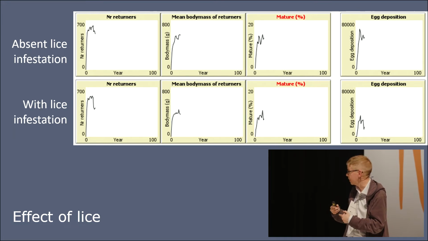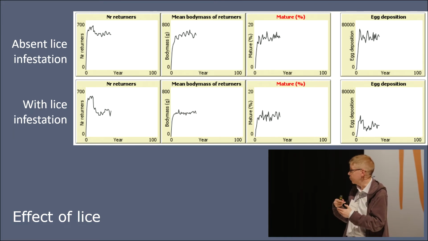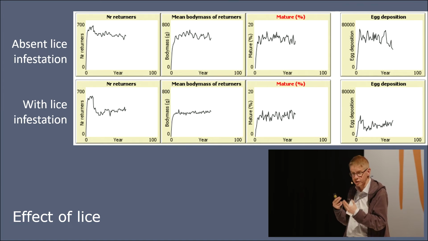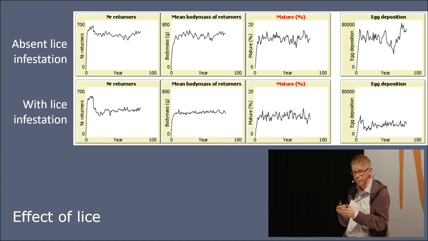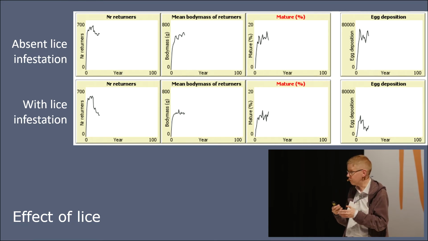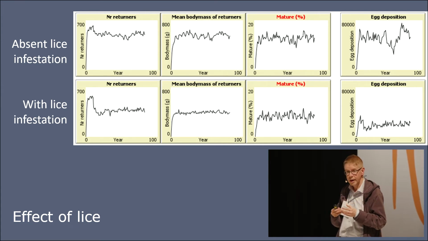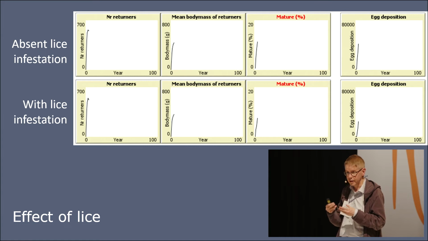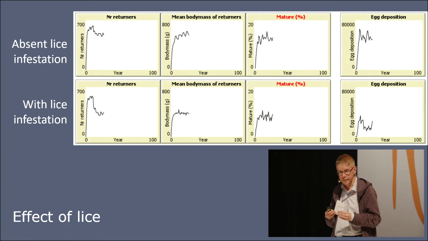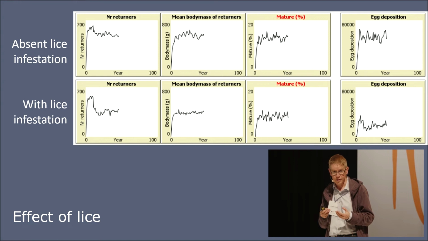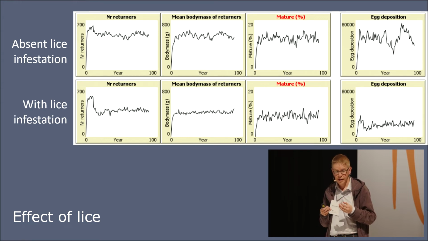So if you have lice infestation, you have a reduction in growth at sea. And with a reduction in growth at sea, smaller individuals, so you have fewer returners coming back. The individuals that do come back are smaller, and the maturation rates are slower. And the net result of this is that you're going to get less egg deposition and a decline in the population of the sea trout.